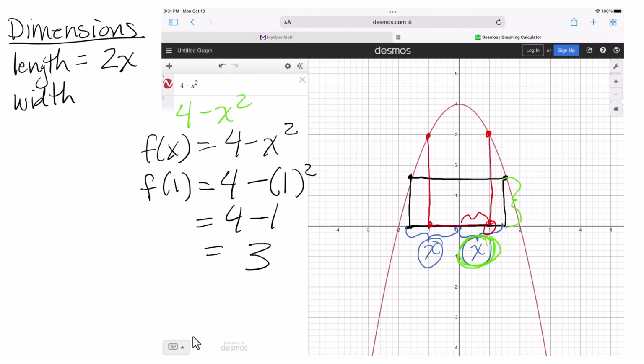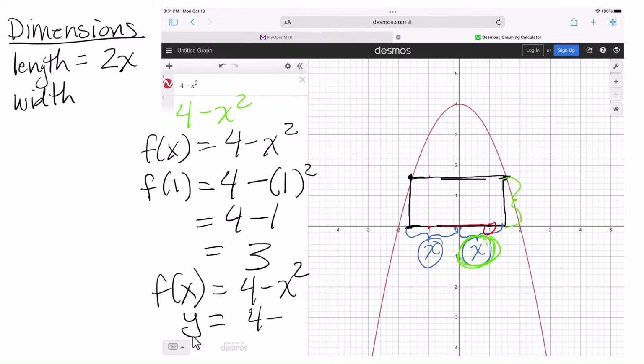So there could be a rectangle inscribed in our parabola. But we don't know what our x value is. Our x value is just x. So if I have f of x, I just plug x into my function. Remember, f of x is the same as y, so my y value will be 4 minus x squared.